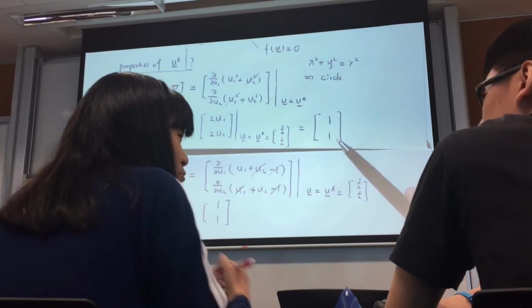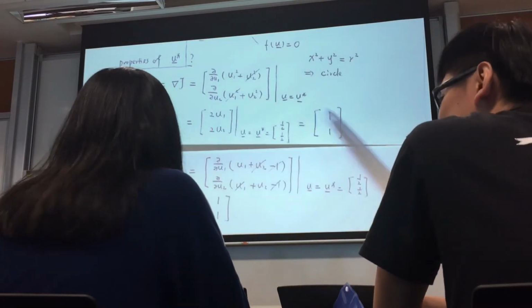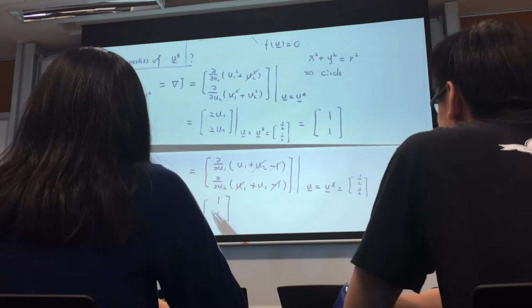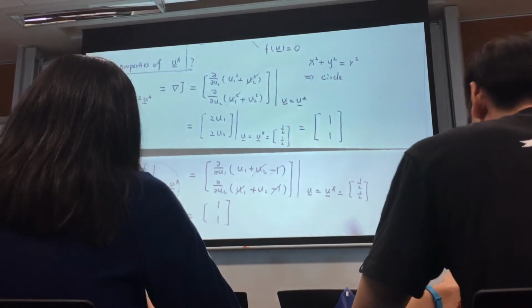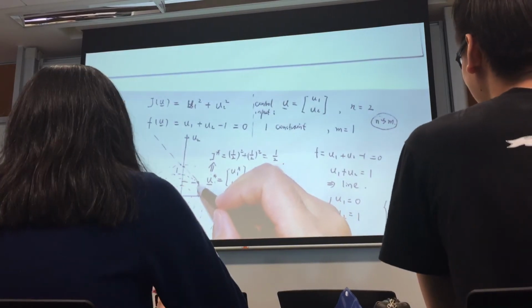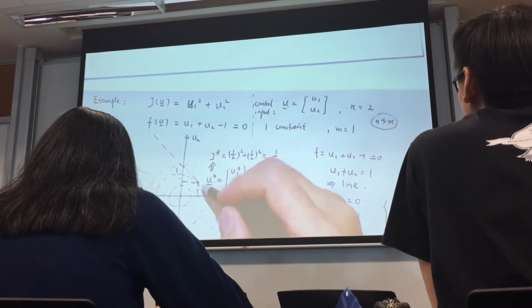The 2 components are actually a vector, so we can represent them by a vector in this plot.